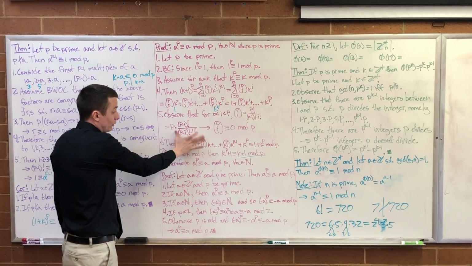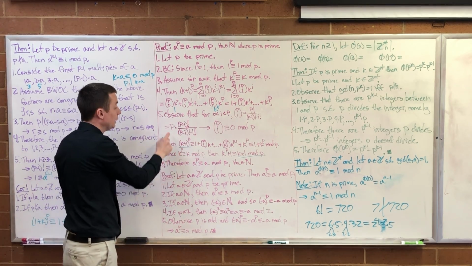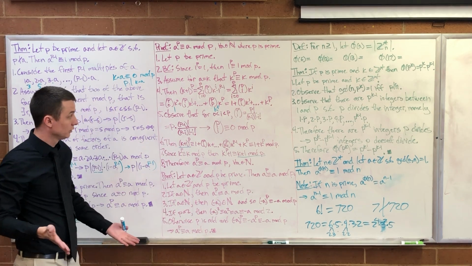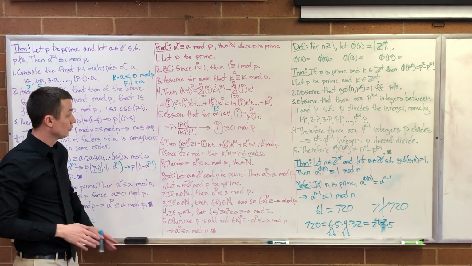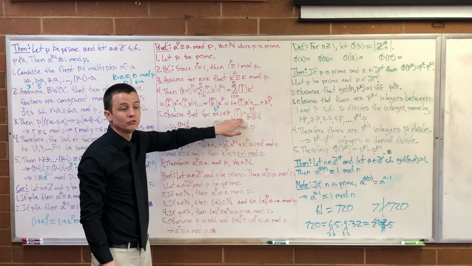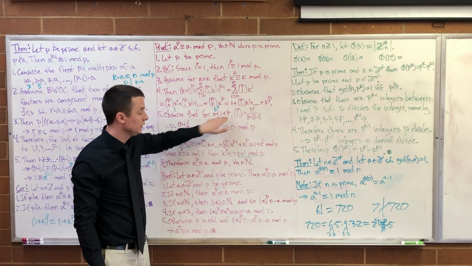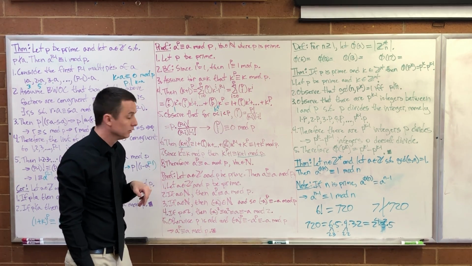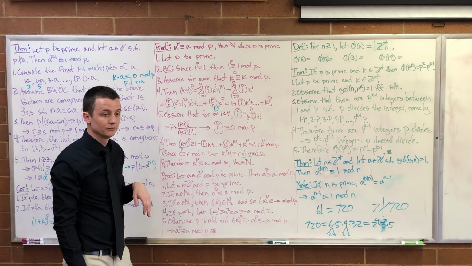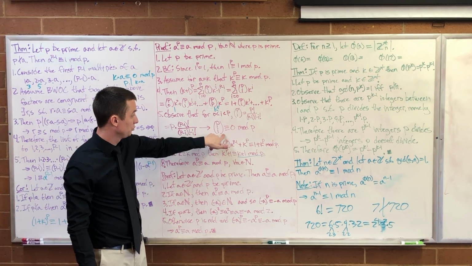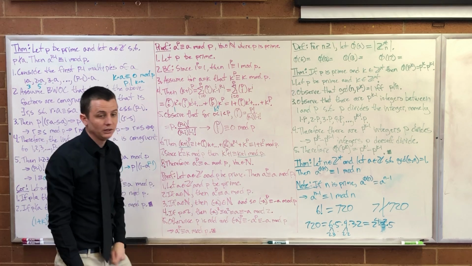So whatever this integer is, who knows, we know that it has a factor of p. So p always divides p choose i as long as i is between 0 and p, not including 0, not including p. So each of those terms, p choose i, is congruent to 0 mod p.